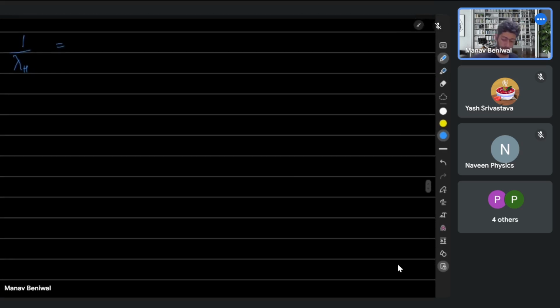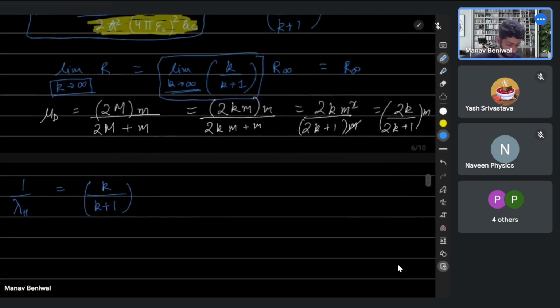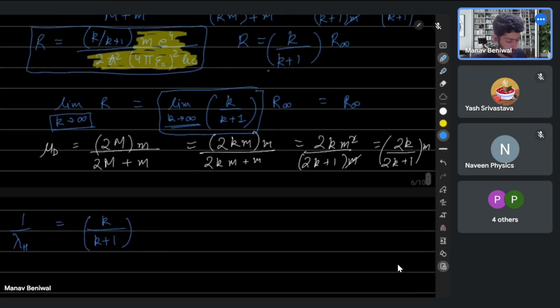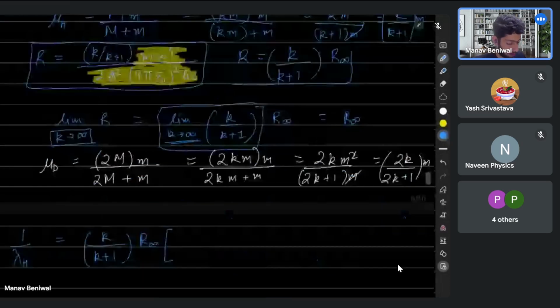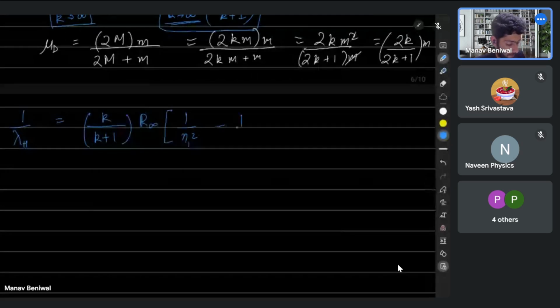So here we have 1 over lambda h equals k over k plus 1 times r infinity, and then simply this expression, 1 over n1 squared minus 1 over n2 squared.